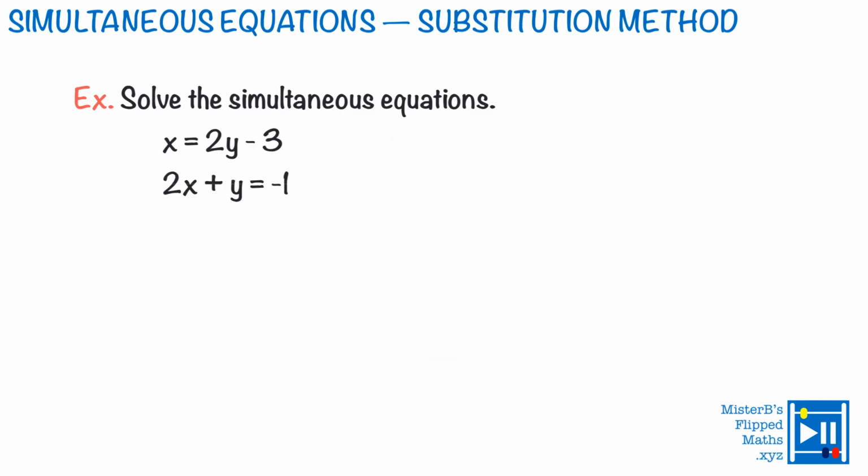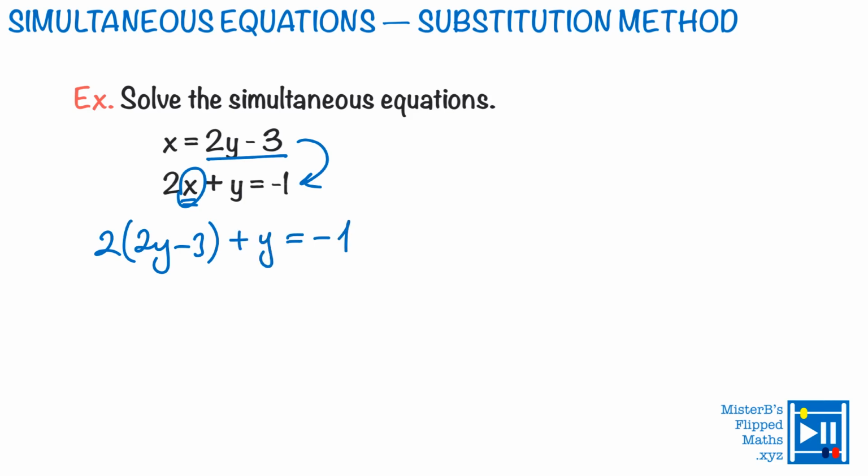Now this time we have x equals 2y minus 3, so we will be substituting this expression 2y minus 3 wherever I see x in the second equation. So the second equation will look like 2 times 2y minus 3, plus y equals negative 1. Now my equation has only y as an unknown, so it's good, I can solve it.